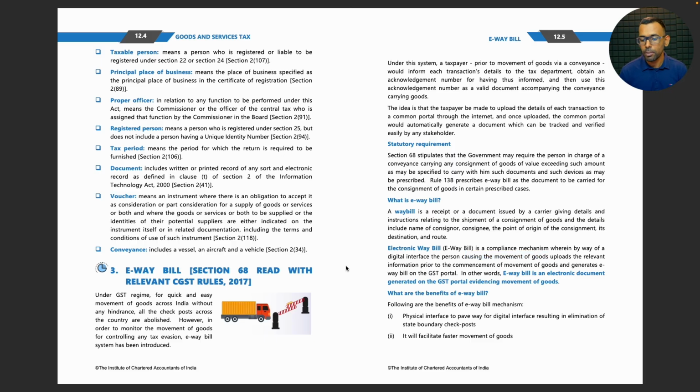We will see it can be the supplier or it can be a recipient. Sometimes the supplier might not be registered, so in that case recipient, and sometimes the recipient may not be registered, so in that case supplier. We saw all those combinations. We will see clearly in some time. In other words, e-way bill is an electronic document generated on the GST portal evidencing movement of goods.